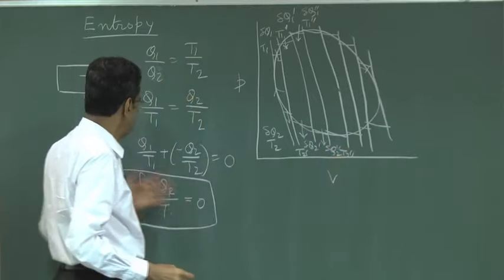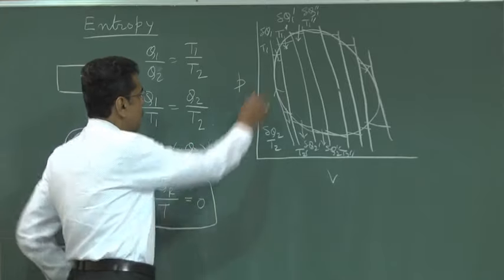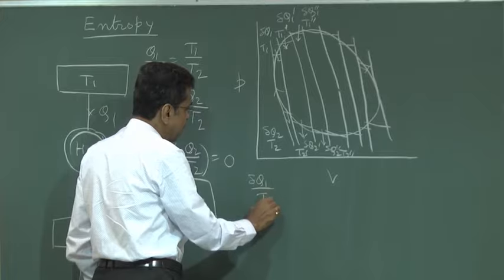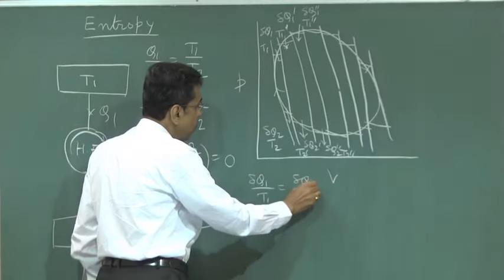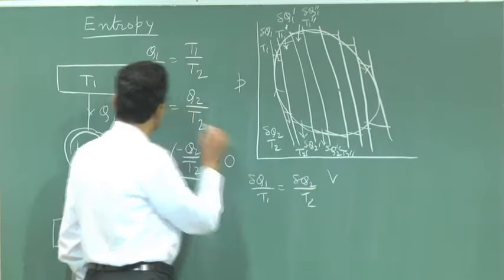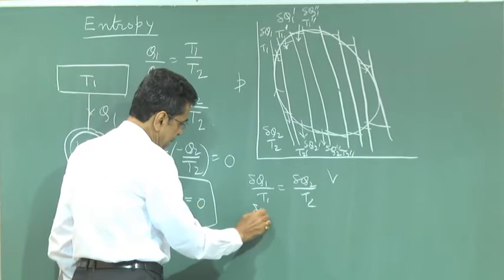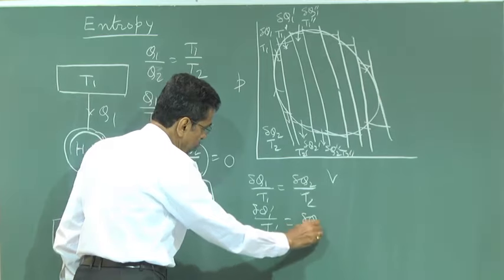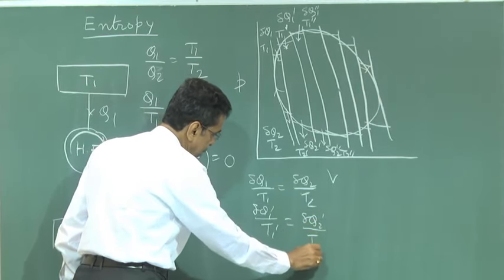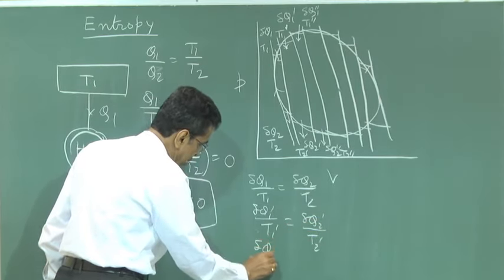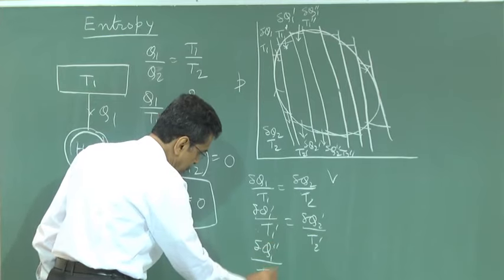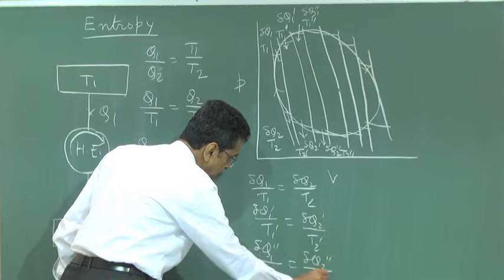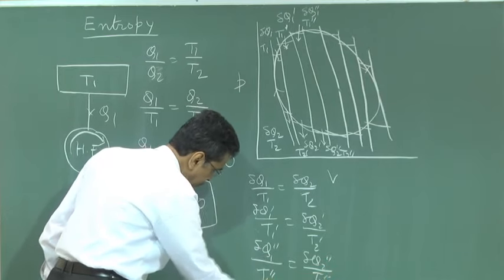It is very simple, just an extension of this, and for each elemental cycle we can write delta Q1 by T1 is delta Q2 by T2. Similarly, delta Q1 dash by T1 dash is delta Q2 dash by T2 dash, and delta Q1 double dash by T1 double dash is delta Q2 double dash by T2 double dash, and so on.